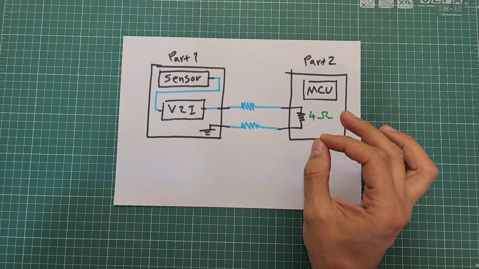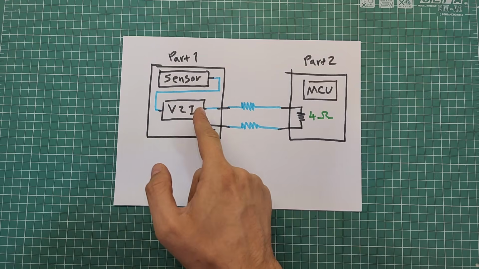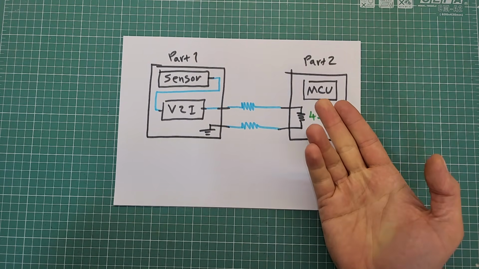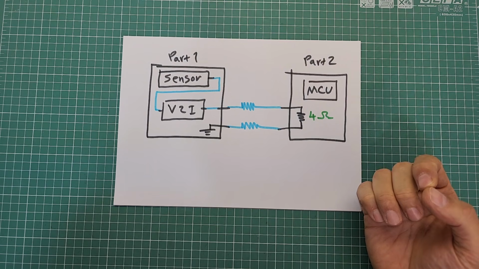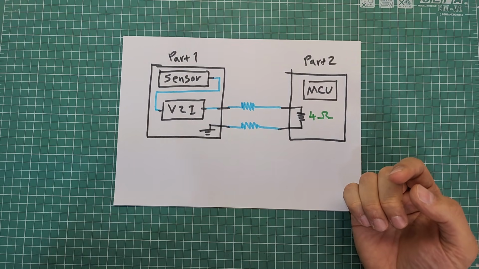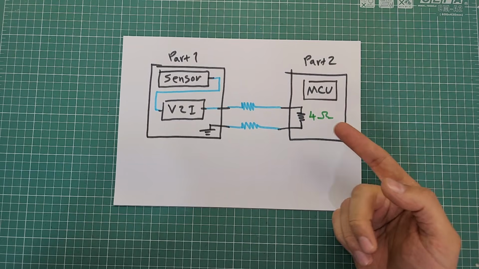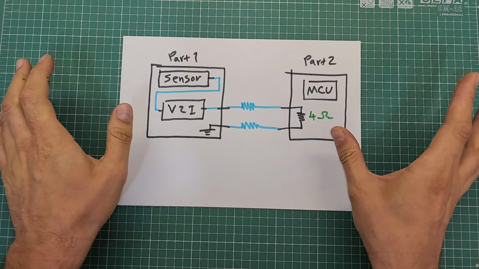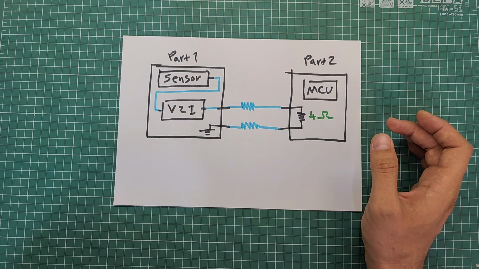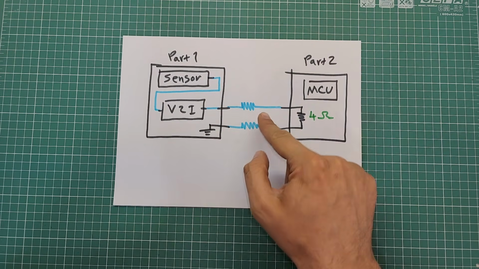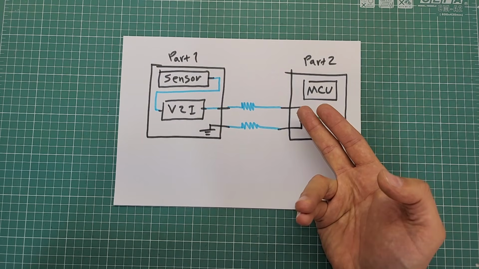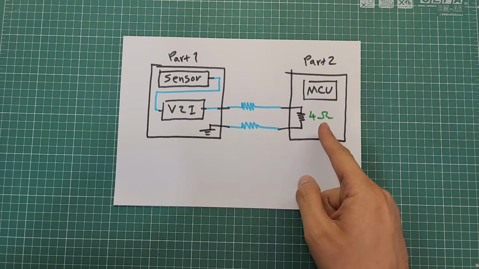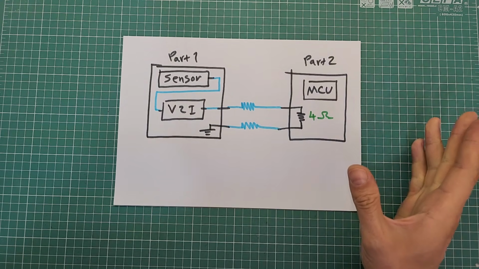So if we use a voltage to current converter and choose a constant value for the sense resistor here, say 4 ohms, we can guarantee that the sensor voltage will always be computable by the voltage across the sense resistor here, no matter how far these two parts are. Because the distance will affect the wire's resistances, while this resistor which is placed on the microcontroller side and the current passing through this resistor are always constant.